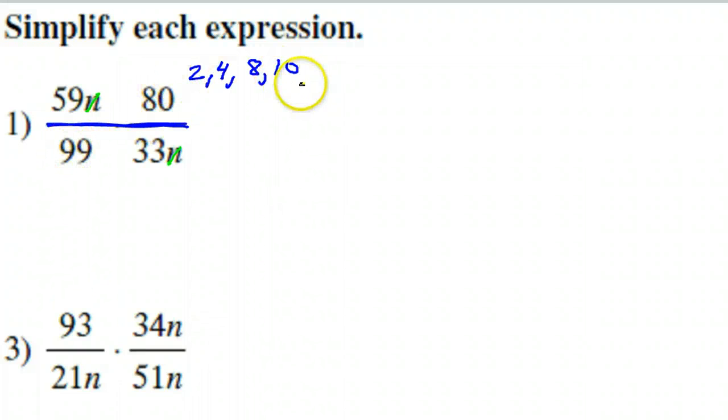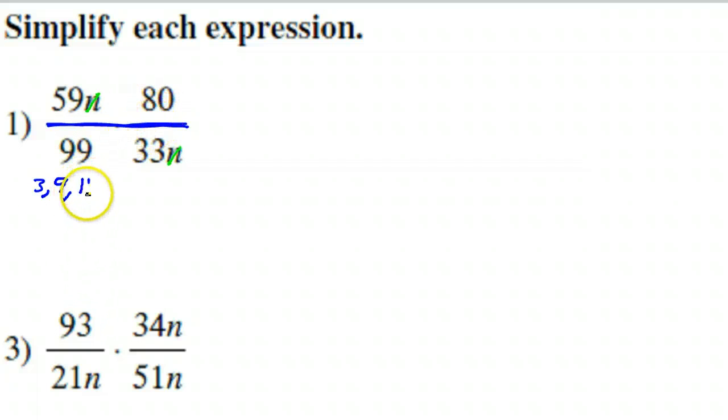Now, do any of these things divide evenly into 99? No. It probably would have been quicker to look at it the other way around. For example, 99 is divisible by 3 and 9, and 11, but none of those go evenly into 80.